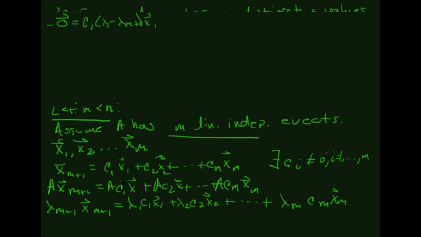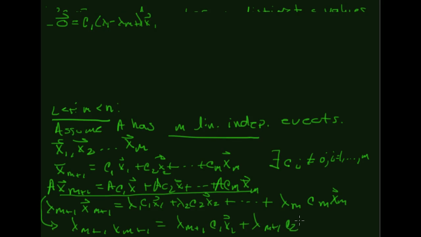Let's go back a minute. If these are the A's, then I can rewrite this as lambda(m+1) x(m+1) equals lambda(m+1) c1 x1 plus lambda(m+1) c2 x2 out to lambda(m+1) cm xm.